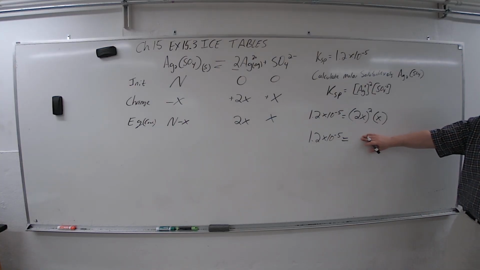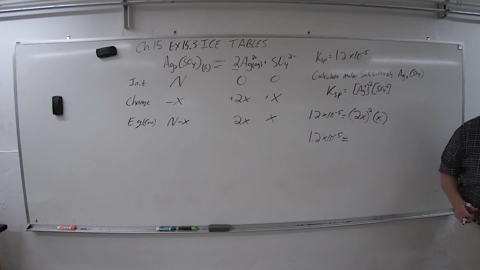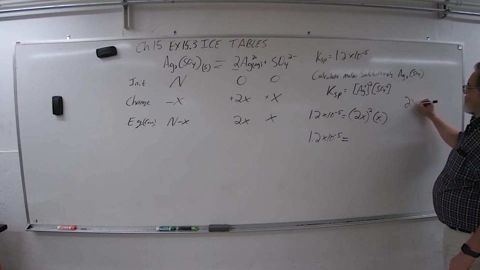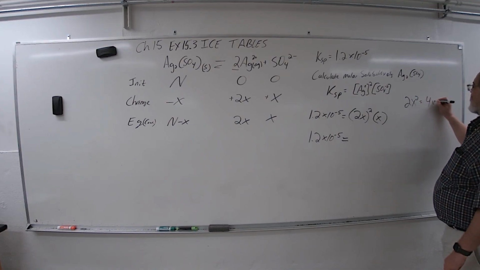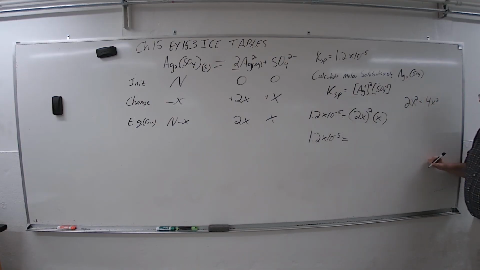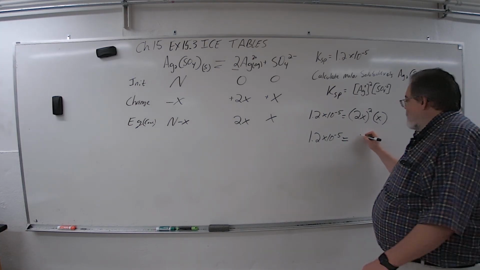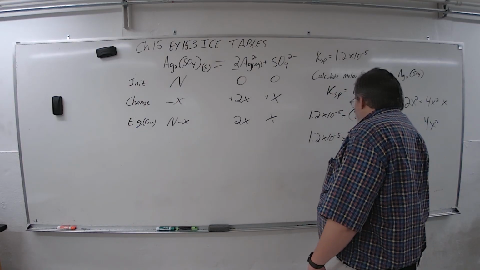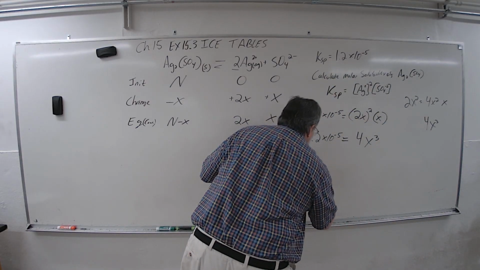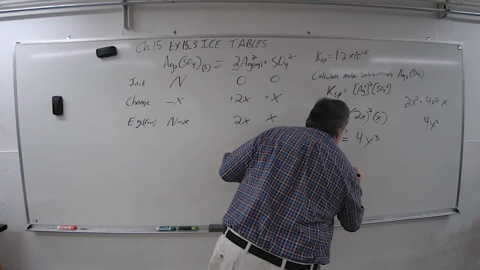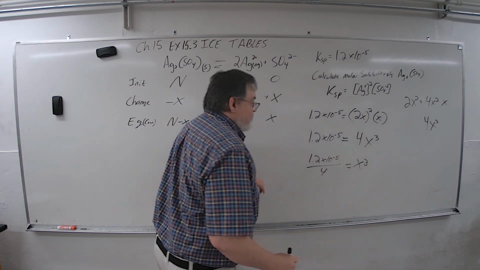What are we going to have down here? 2x squared equals 4x squared. And then we still have one more x. So it's going to be 4x to the third. This is 4x to the third. You see that? Divide that by 4, and x to the third.